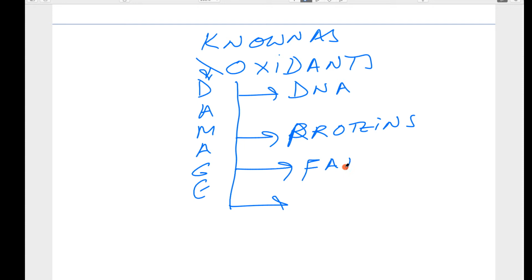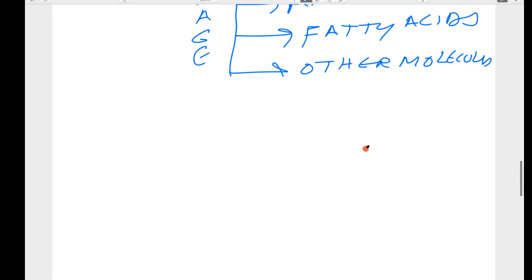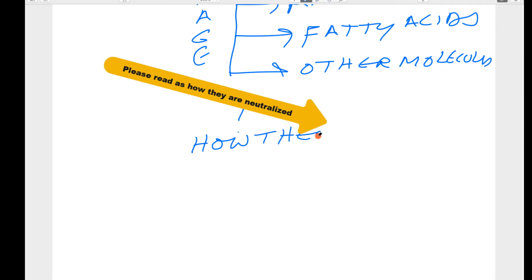Fatty acids, especially unsaturated fatty acids where double bonds are present, are prone to free radical attack. Other molecules can also be damaged. That is the reason the free radicals which are produced have to be neutralized. How are they neutralized?